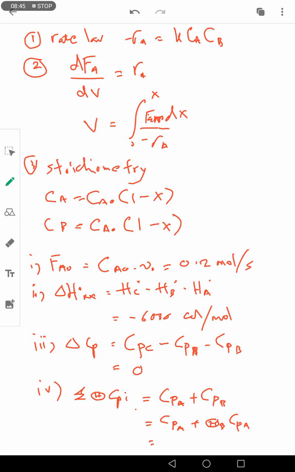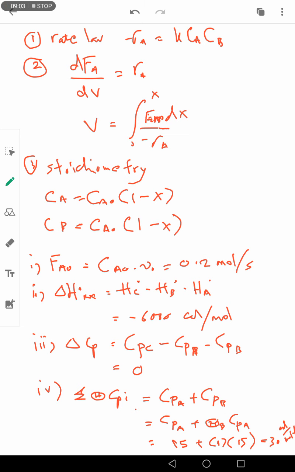So which is 15 tambah ni stoichiometric ni 1. So yang ni adalah 15. So you dapat dalam 30 calorie per mole Kelvin.